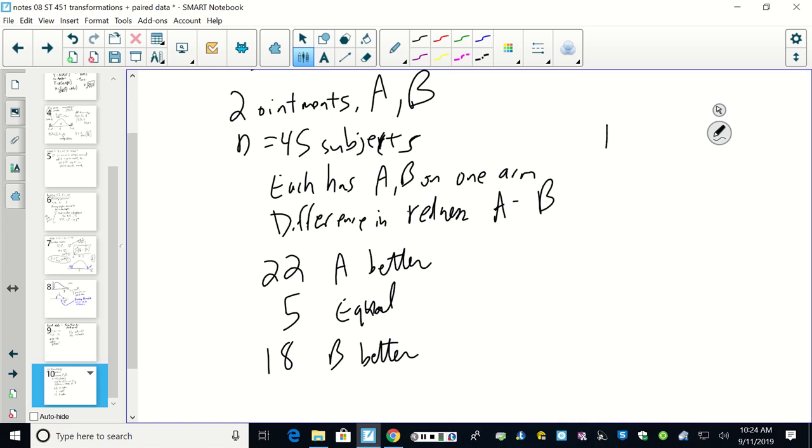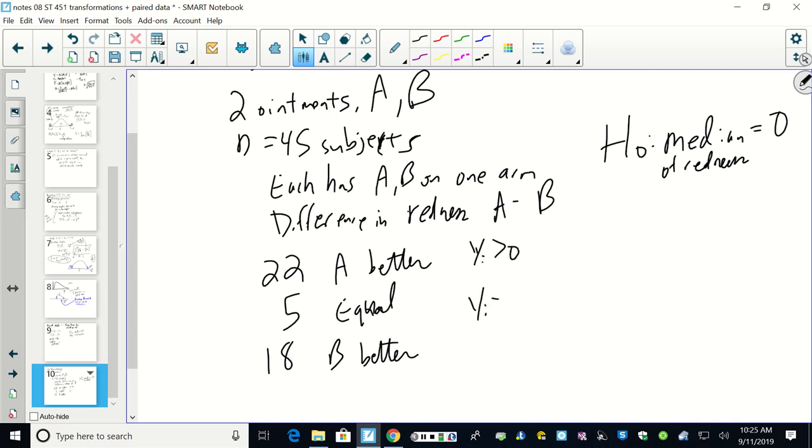So the null hypothesis, we can say, is the median equal to 0 on the actual median of redness. And so we have 25 where A is better, so yi is greater than 0 here. 5 equal, where the difference is essentially 0, and this is yi is less than 0.